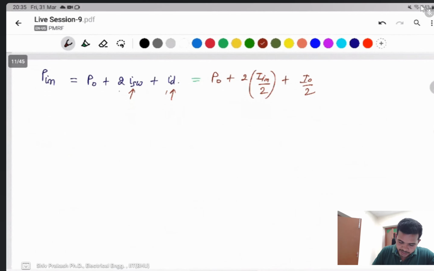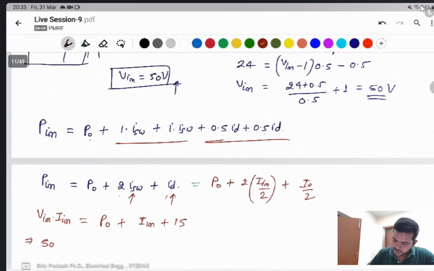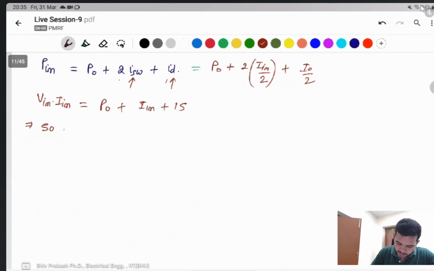Okay, V in you can write as V in and I input is equal to P output, equal to V in times I in plus I naught by 2. I naught is 30 ampere, 30 by 2 is 15. V in is given, I have calculated V in is 50 volt. 50 I in minus... I in is equal to output power.